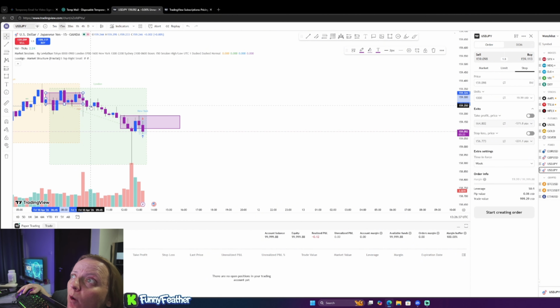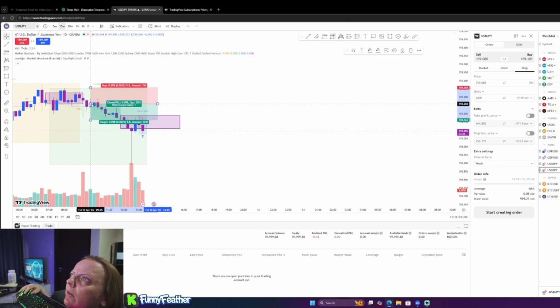So you could have waited for a retest over here. And then where is our position size? We could have waited for the retest to take place. So we saw this candle. Okay, sweet. Then we put it over here, and we could have put it above the box.